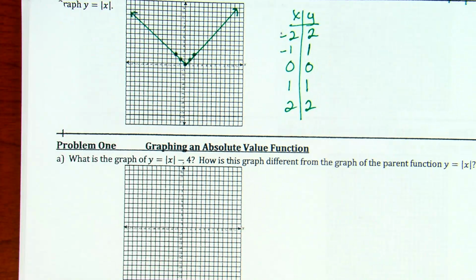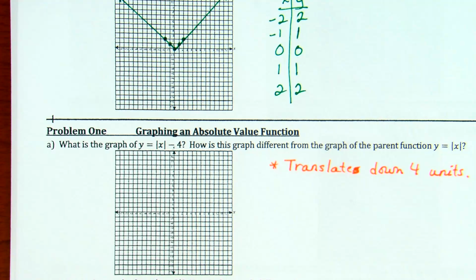F of x minus c says that it takes it down. So I'm going to use the official algebra word: it translates downward 4 units. So we're going to translate down 4 units.